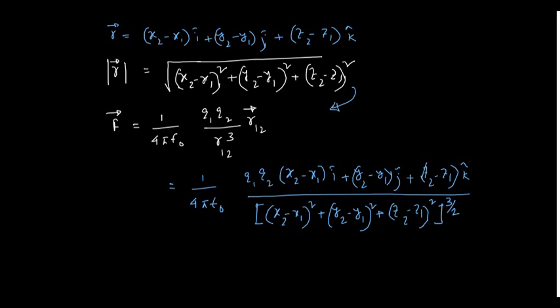That is the form we need to remember. I repeat once again, this is the coordinate form of Coulomb's law, that is F12 vector. We will be using this particular form in various upcoming questions.